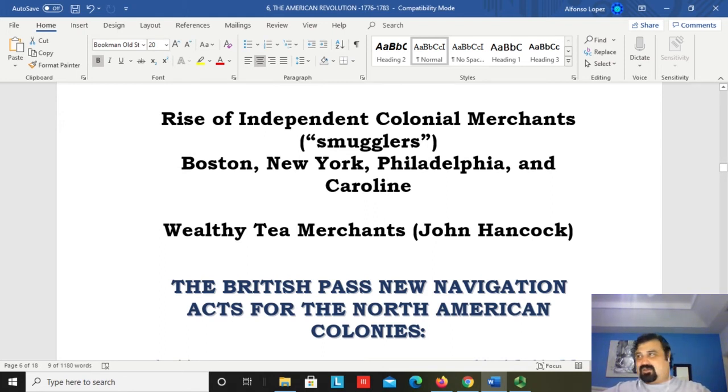They're not just ordinary merchants. They're actually very successful, and they're becoming very dominant, or predominant, better stated, in their own colonies. Those are the wealthy merchants, if you will.